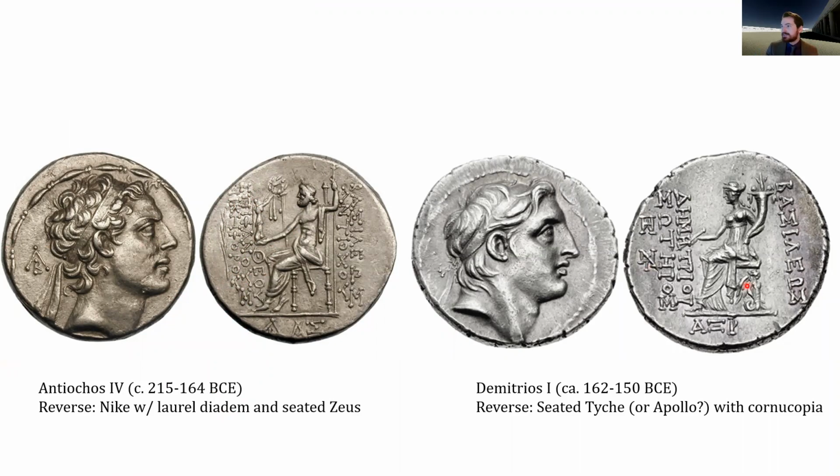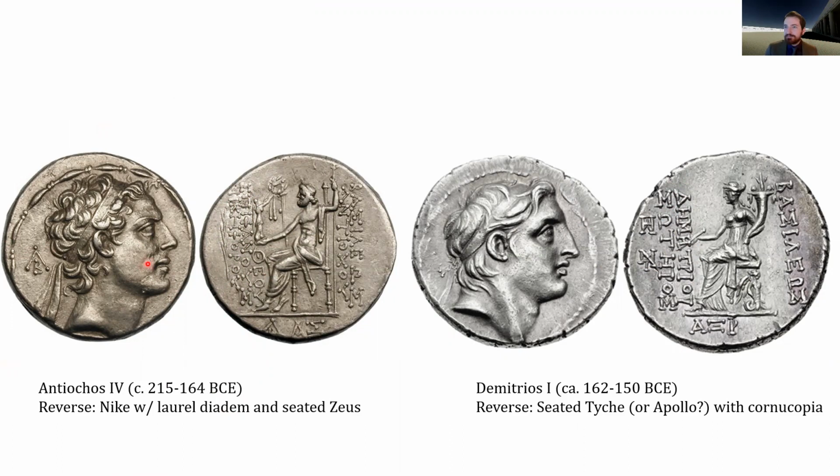And same thing that we have here, we have Demetrius Soter, so the savior. He is taking on this idea of this godly savior. And again, with Antiochus, he has Theon on it, so of the god. So they're very much playing with these ideas of being divine kings.